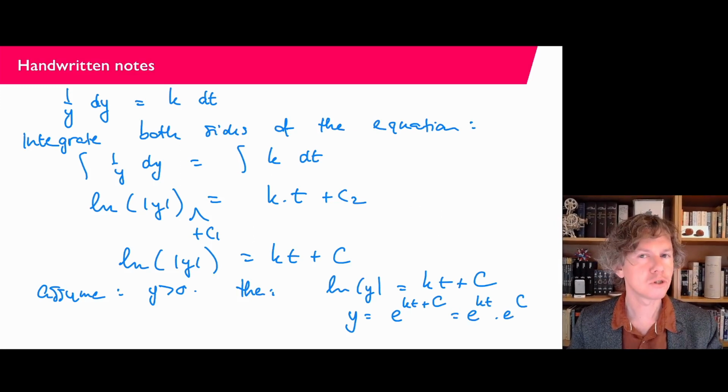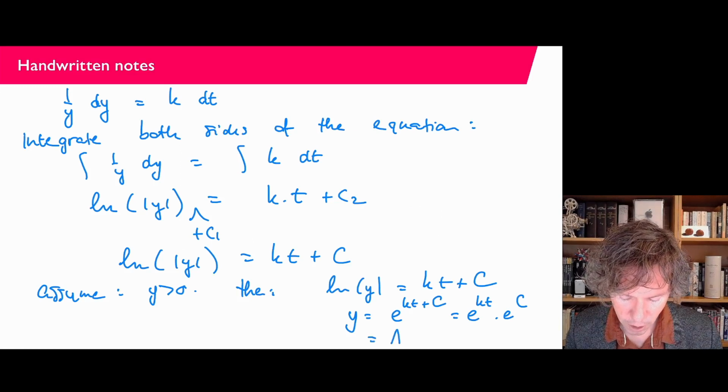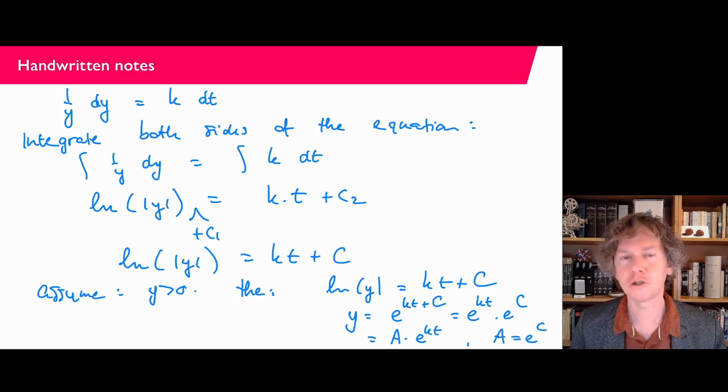And now c is an integration constant, so e to the power c is also a constant. So I'm going to say that is a times e to the power kt. This a is e to the power c. It is just a constant, so I'm not interested that it was e to the power c before. A is a new constant.